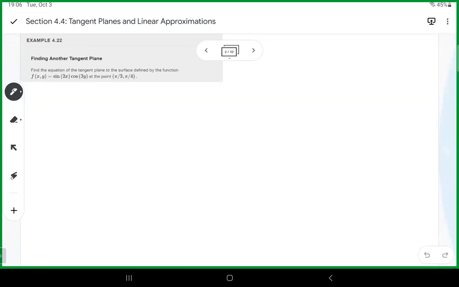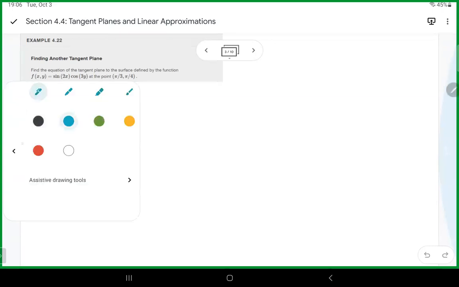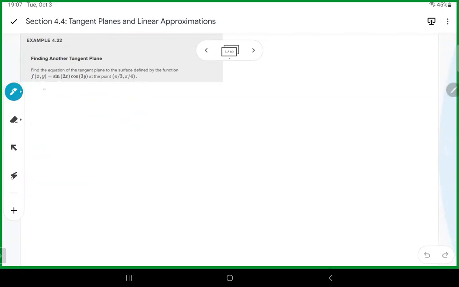All right, so finding another tangent plane. Find the equation of the tangent plane to the surface defined by the function. So first, we want to calculate our partials.